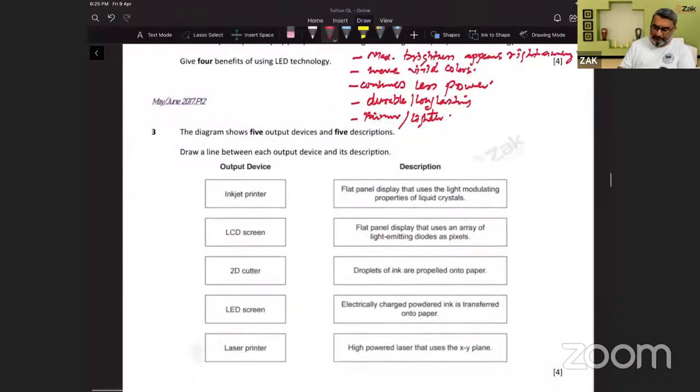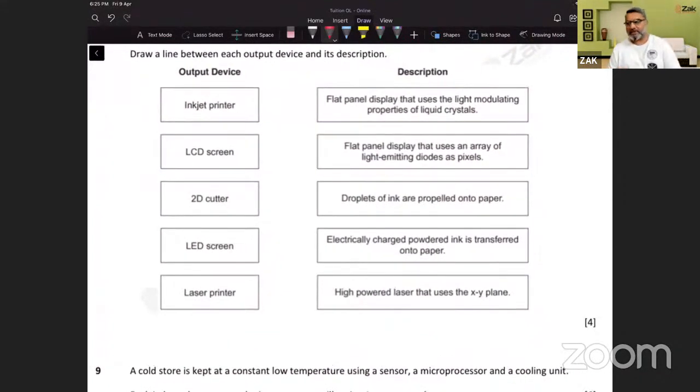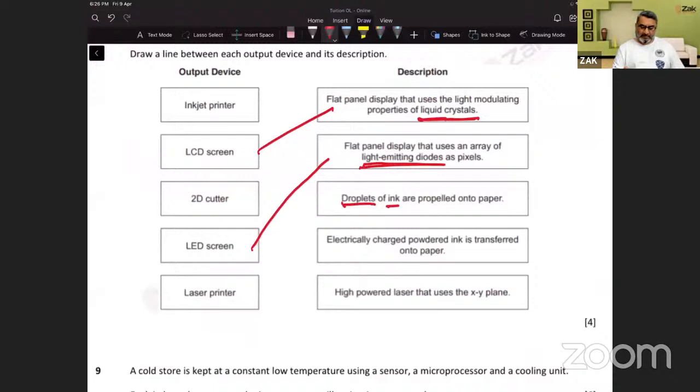अब आ जाए इधर. Flat panel display that uses light modulating properties of liquid crystal display. So this is LCD. Liquid crystal display, liquid crystals. Flat panel display that uses array of light emitting diode, LED. Droplets of ink, inkjet printer.